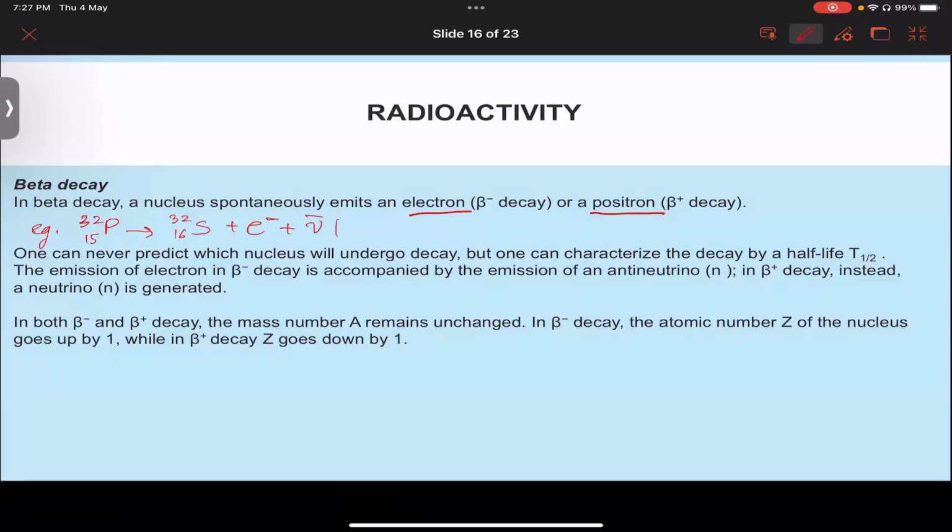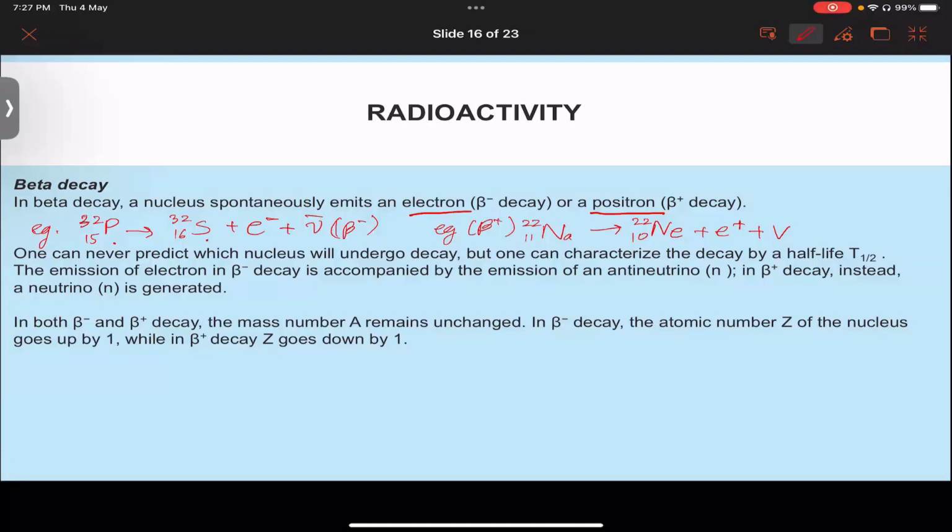This is for beta negative. For beta positive decay, the example would be Na-22, sodium decaying to neon, plus a positron plus a neutrino.